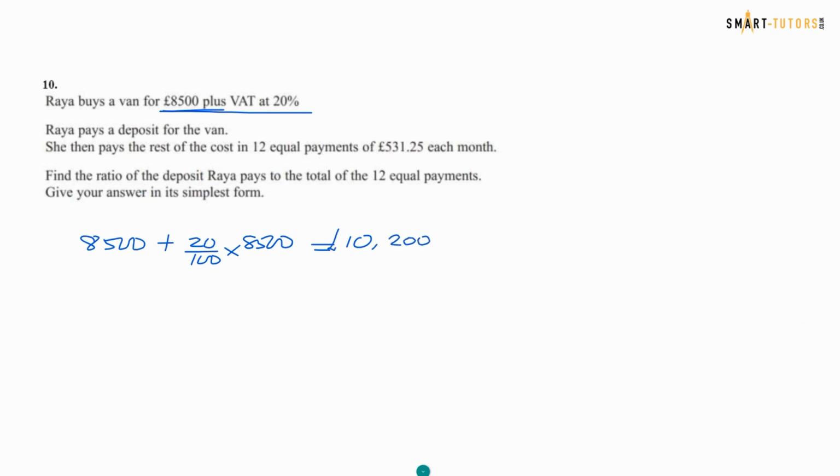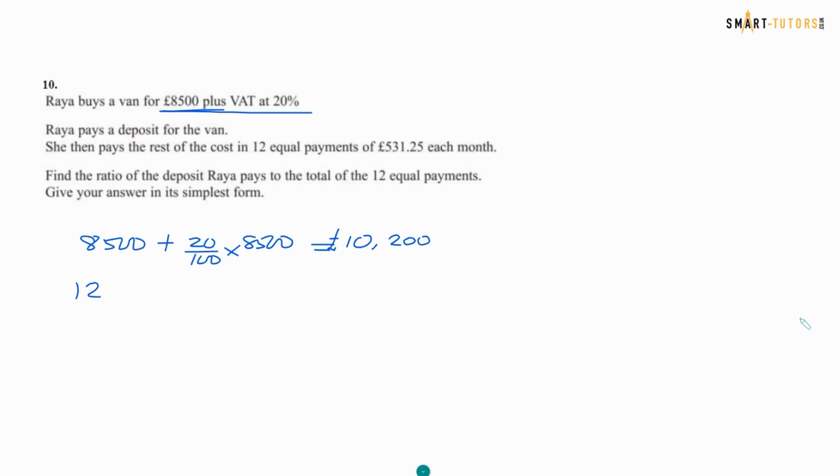So the price is the net price plus VAT. Raya pays a deposit for the van. She then pays the rest of the cost in 12 equal payments of 531.25 each month.